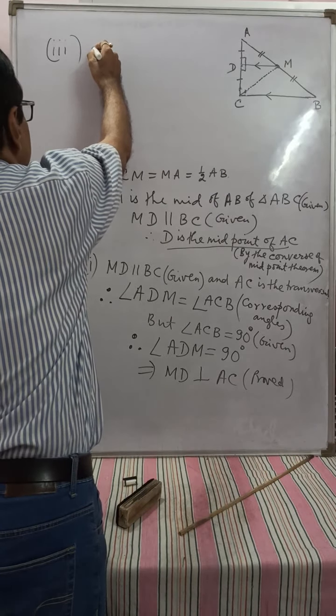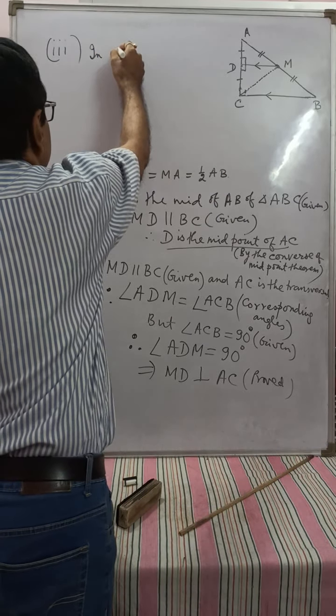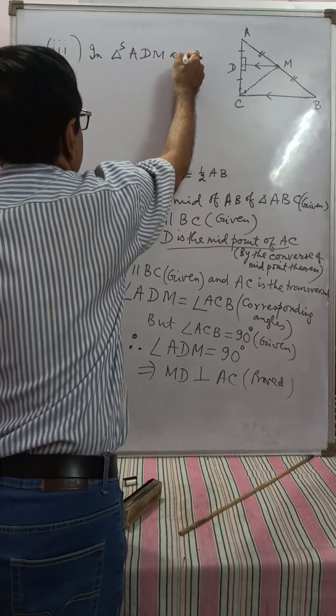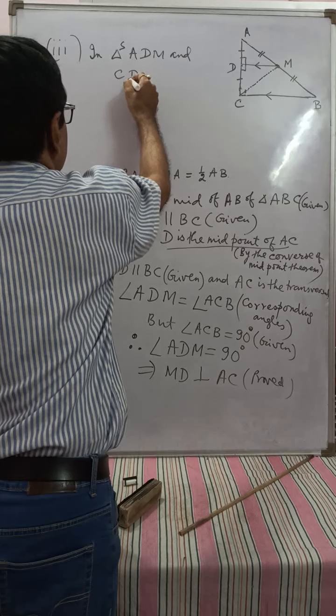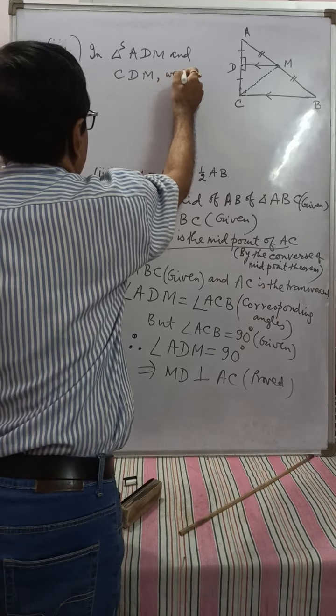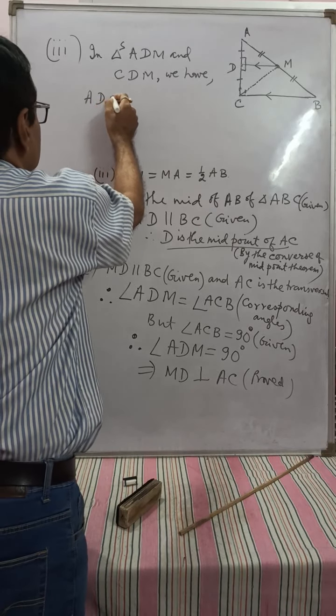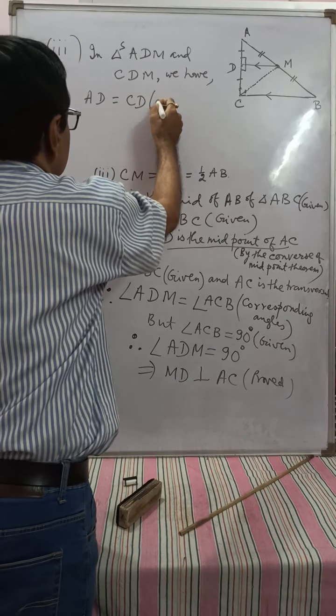So now in triangles ADM and CDM, we have AD is equal to CD. Why?